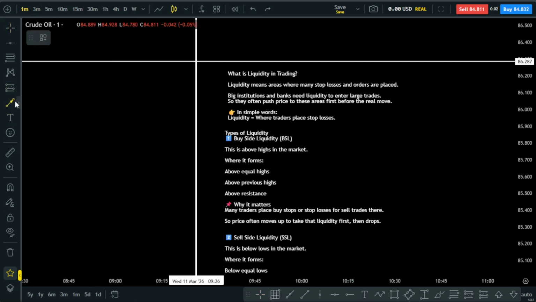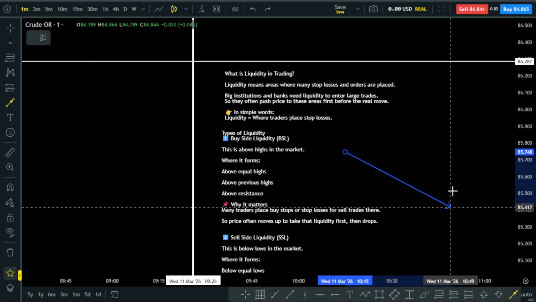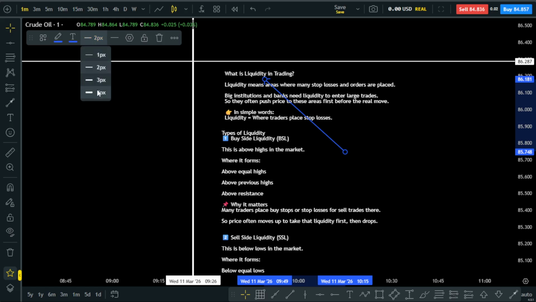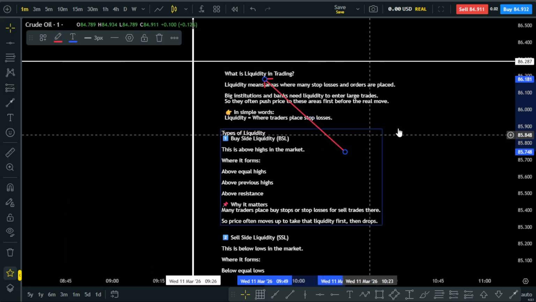Okay, I'll use the arrow, and then I'll just put it on favorite. Increase to 4, actually to 3.